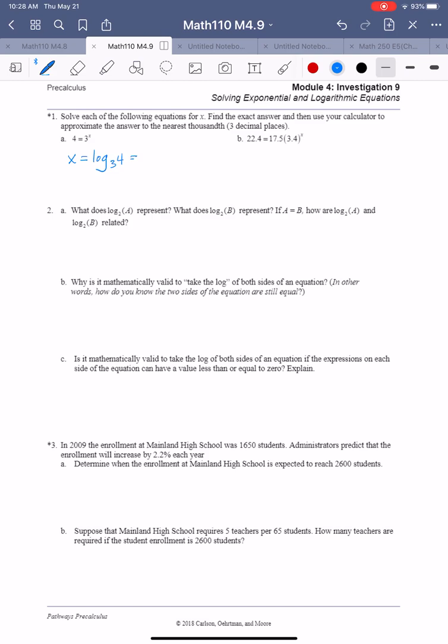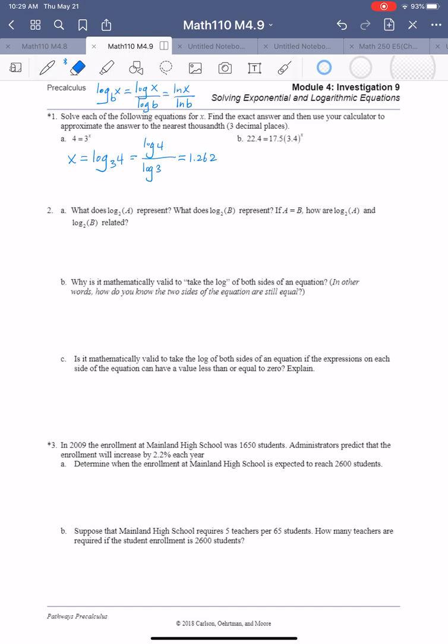Then you can use the change of base formula, which means when you have a log base b of x, you can use any base, such as base 10, so you can write log of x over log of b, or ln x over ln b. This time I want to use log of 4 divided by log of 3, and you approximately get 1.262.